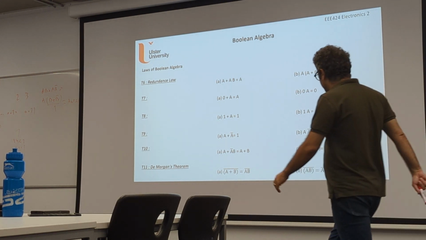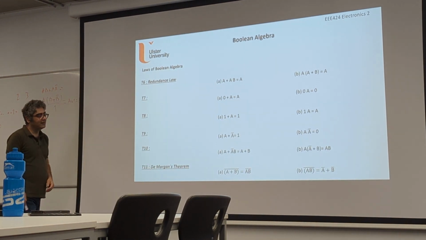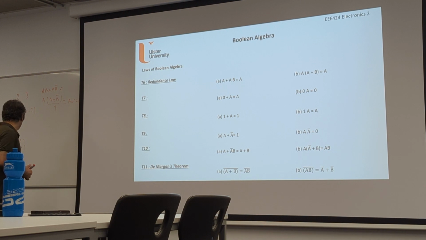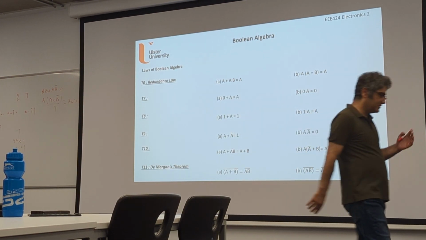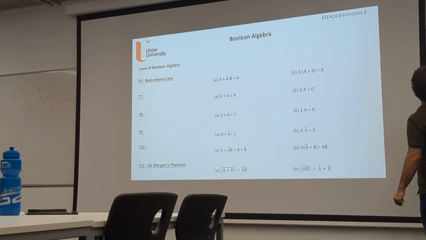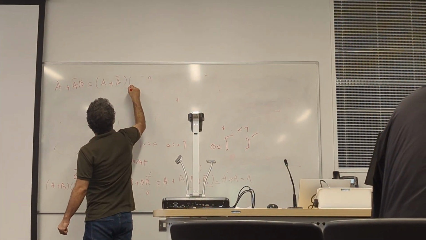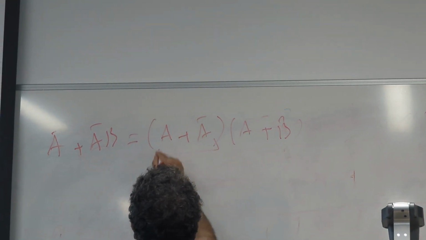Do you want to solve before I finish? Do you want to solve this as well for you, or not? You want? So let me, because I like math. Here we have A plus A naught B. It would be A plus A naught times A plus B. It would be 1.